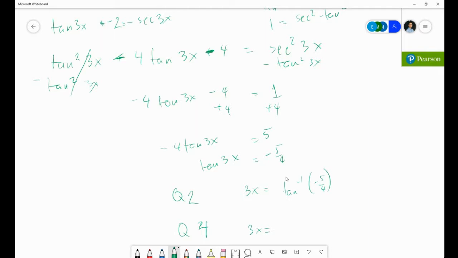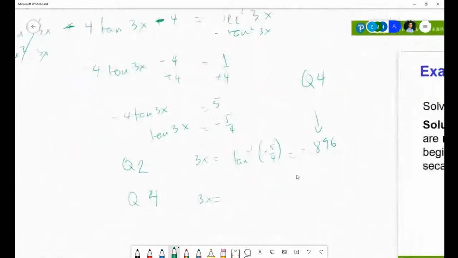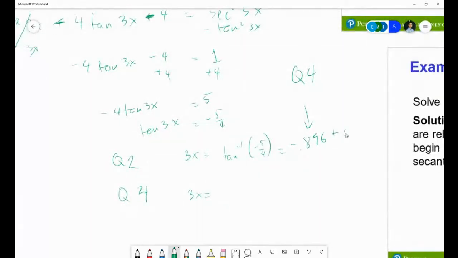I got negative 0.896. All right, this right here is in quadrant 4, but it's going counterclockwise. Remember that tangent inverse gives quadrant 1 or 4. So in order to get it to quadrant 2, I have to add pi to that. So go ahead and add 3.14 to that.